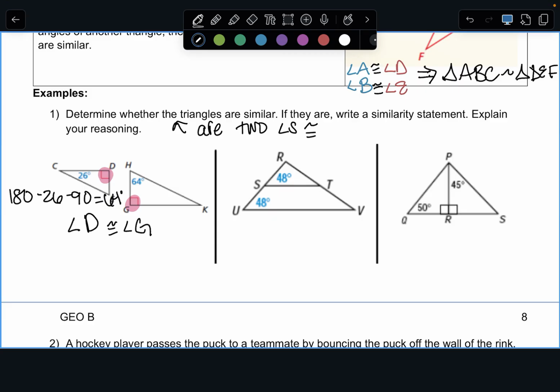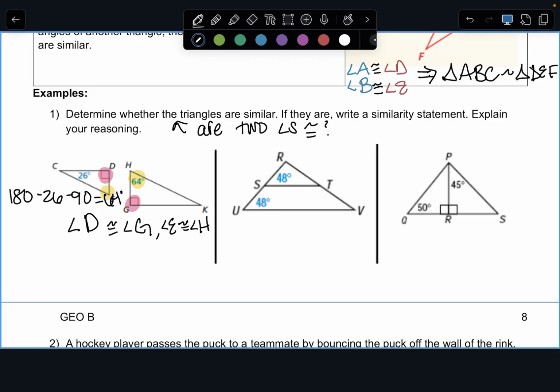Doesn't that mean the other one is good? Right. Yeah, so now Hunter's saying, well, now I have two angles. These two are both 64. I know that angle E is congruent to angle H. So, back to our original question, are two angles congruent?